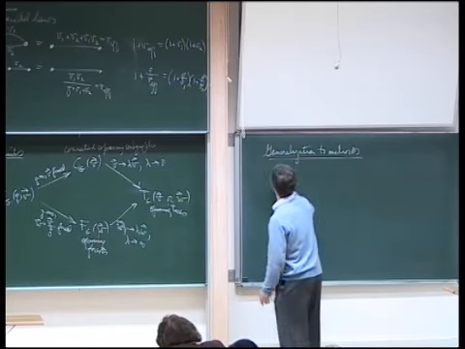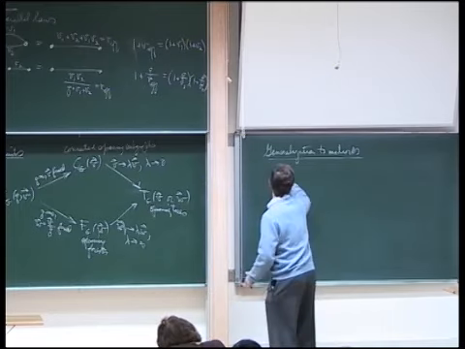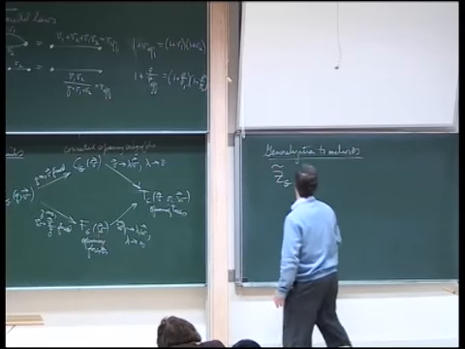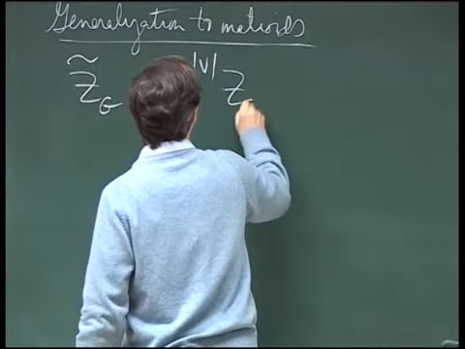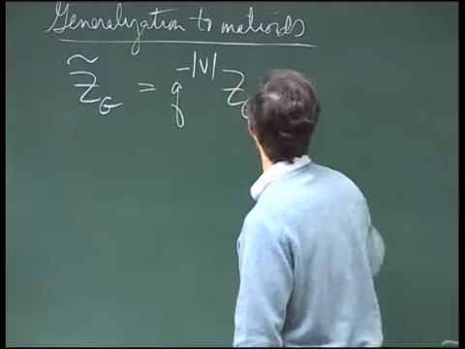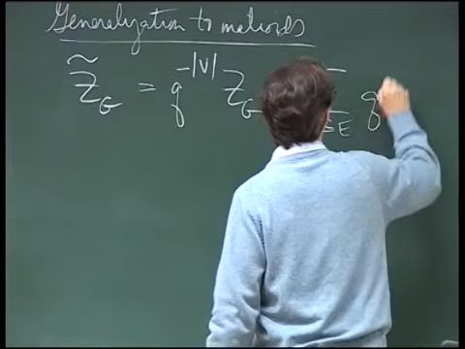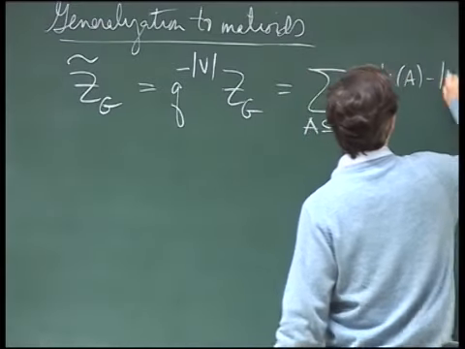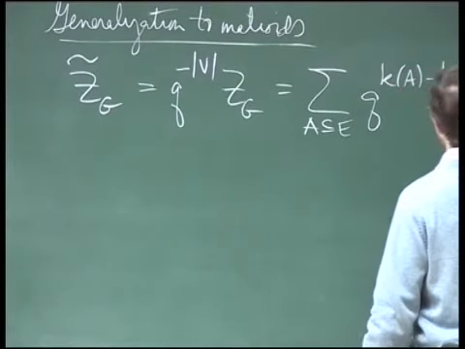So if you have, let me start with the graph quantity and define first, make one trivial change of variable, Z_G tilde. Let me pull out q to the minus number of vertices. So I'll get sum over subgraphs A of q to the k of A minus the total number of vertices. So this is just a trivial rescaling.